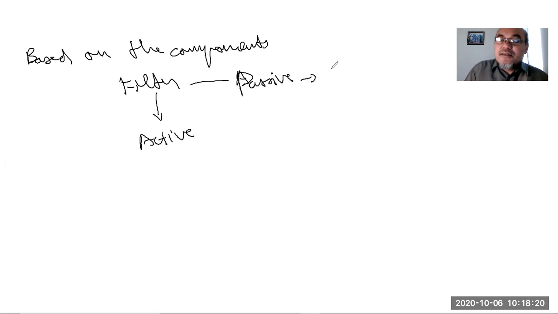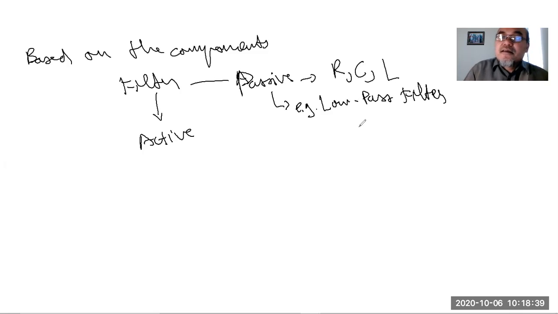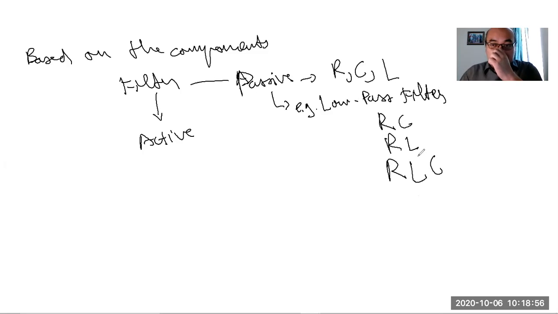A passive filter usually uses passive components, as the name implies: resistor, capacitance, or inductance. For example, a low pass filter can be implemented using RC components, which we call an RC low pass filter, or RL components, a resistor and inductor, or all three passive components, RLC: resistor, inductor, and capacitor.